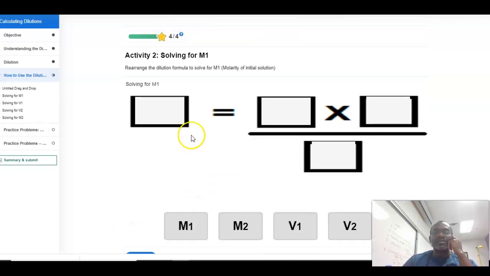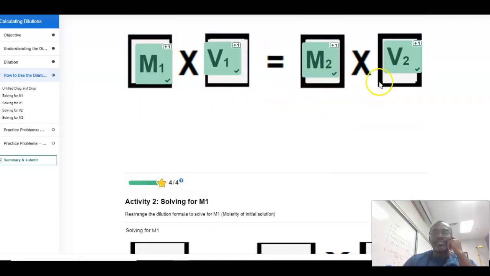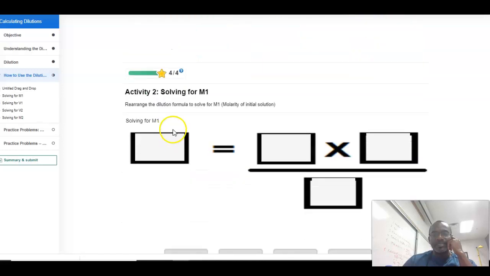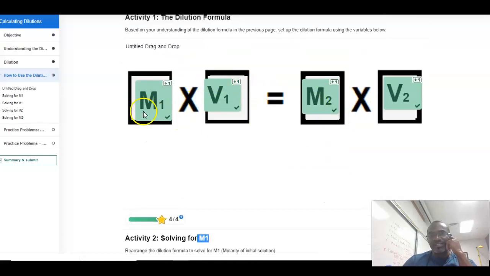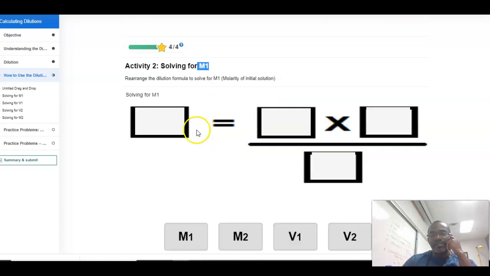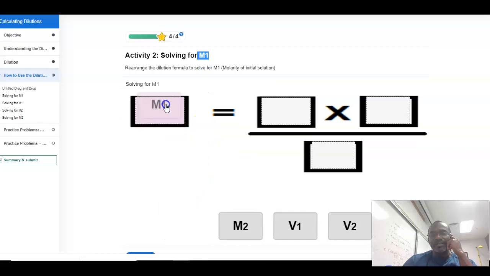Now, how do we rearrange this formula to solve for an unknown variable? In this case, the unknown is M1. If the unknown is M1, we have to rearrange this to solve for M1. So M1 is the unknown, so it goes here. It's always with a question mark.